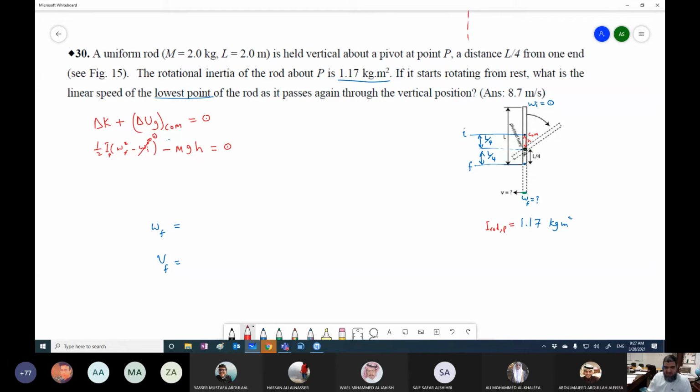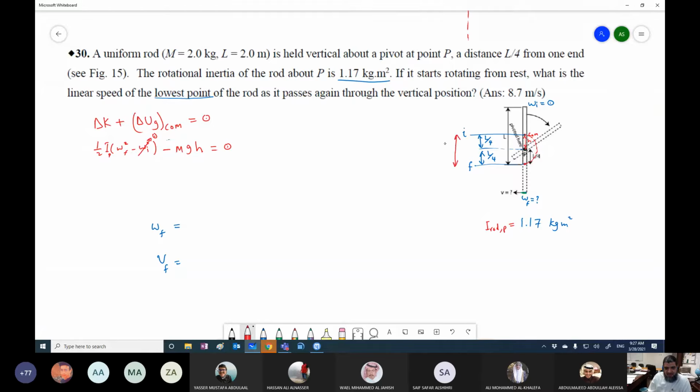So the center of mass was initially here, finally the center of mass came there. So if we take this our reference, so it was L over 4 above the pivot, and finally it is L over 4 below the pivot. So what is this total distance traveled here?